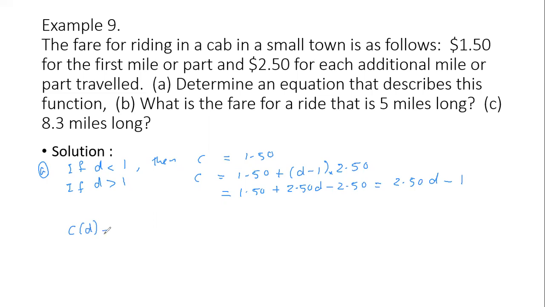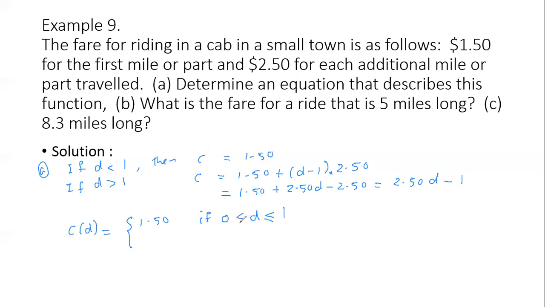We can write this as C(d) equal to 1.50 if d is greater than 0 and less than or equal to 1. If it is 1 mile or part of 1 mile, less than 1 mile, he has to pay 1.50.